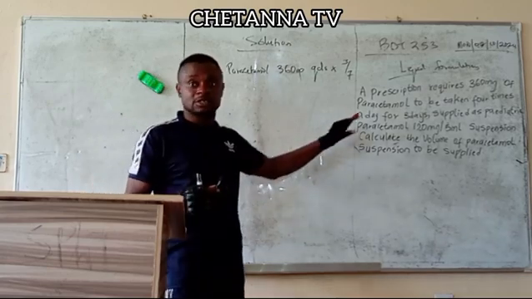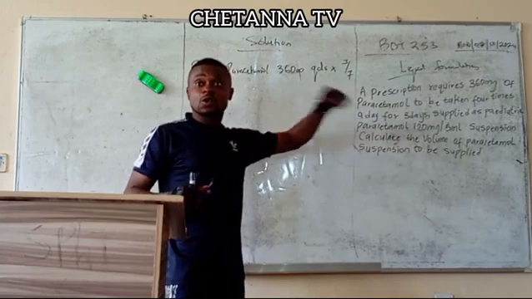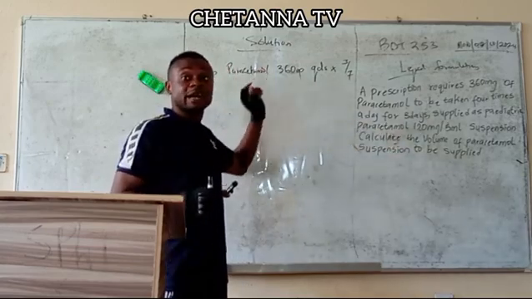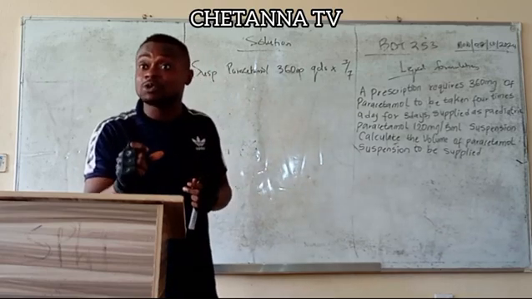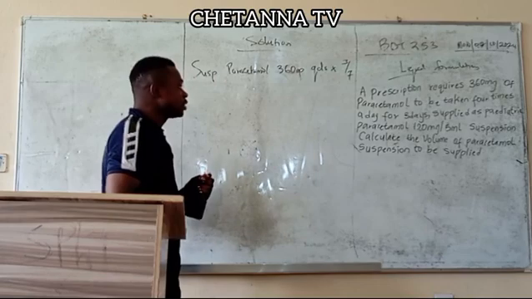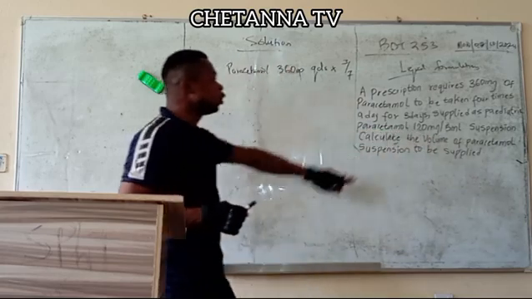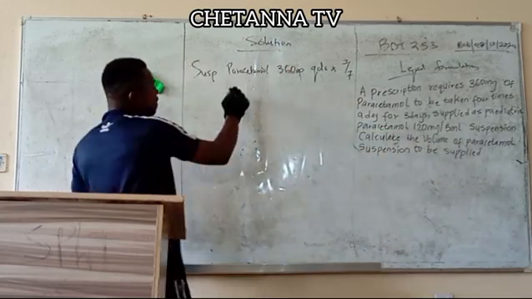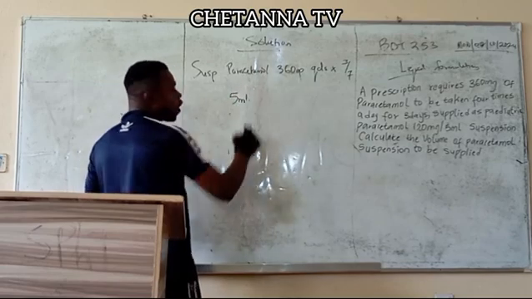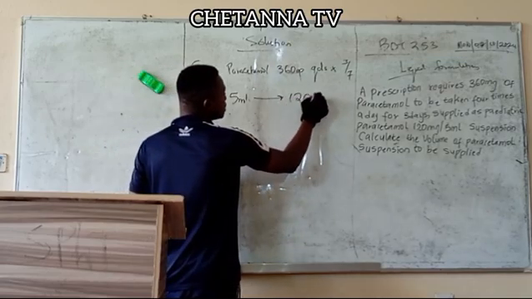Having done your calculation, determining how many mls of the one you have will deliver 360 milligram, it's now you that will tell the patient how many mls to take. Simple. So here now, we have that the strength of the one they have is 120 milligram per 5 ml. So what it implies is that 5 ml of the dosage form they have will deliver 120 milligram.